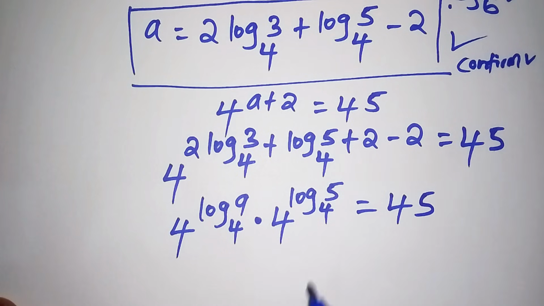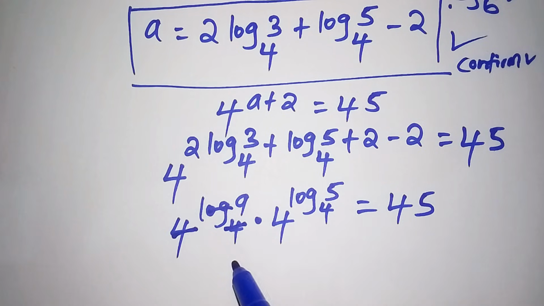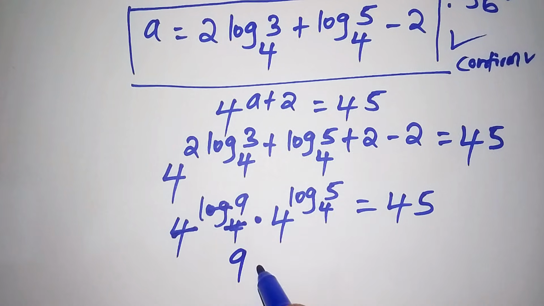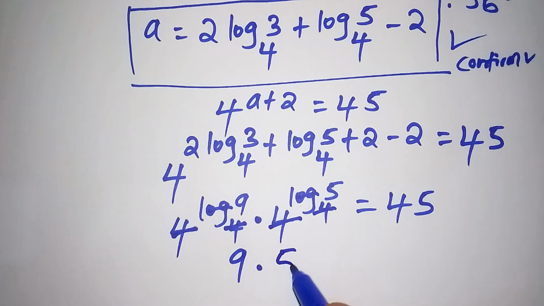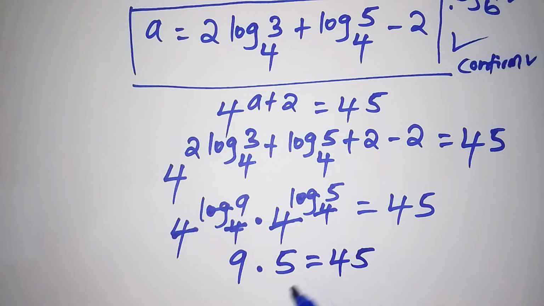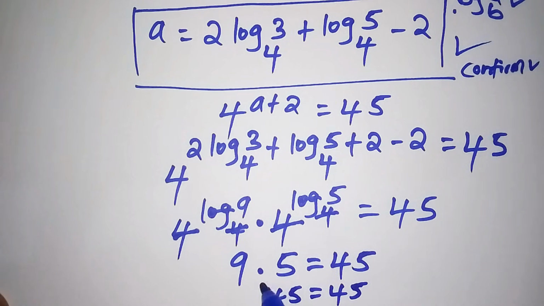Next, the log to the base of 4 shall cancel this 4, so we remain with 9, and 9 multiplied by the log to the base of 4 cancels with this 4, so 9 multiplied by 5 is equal to 45. So what is 9 multiplied by 5? It is 45, which is equal to 45. So it means that our answer is the same.